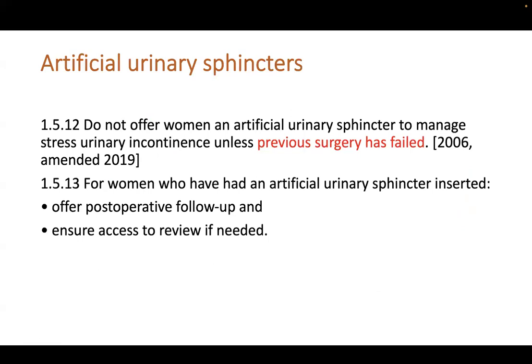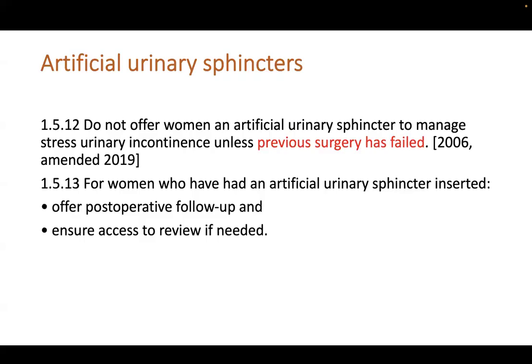And the last resort is artificial sphincter. If all the treatment options have failed and the patient has bothersome, troublesome stress incontinence, and whenever the patient has had previous surgery which has failed, in that case, artificial sphincter is offered, and the detail about this is not important.